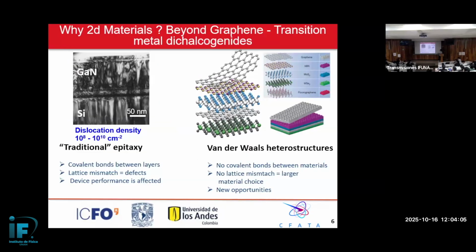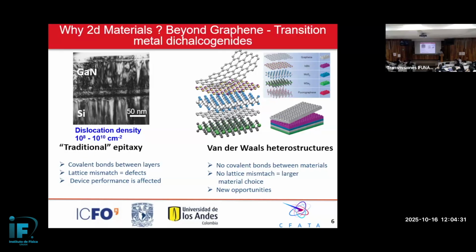Of course, why are they so different? Because if you take the example of two standard semiconductors, let's take gallium nitride on silicon, then you have to take into account the lattice mismatch, right? Because both of them display really different lattice parameters.